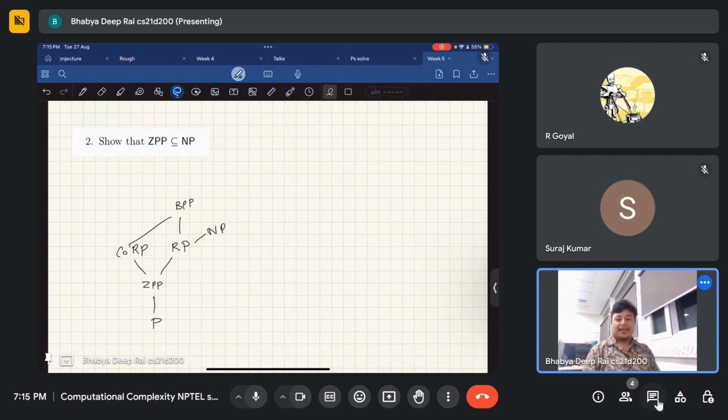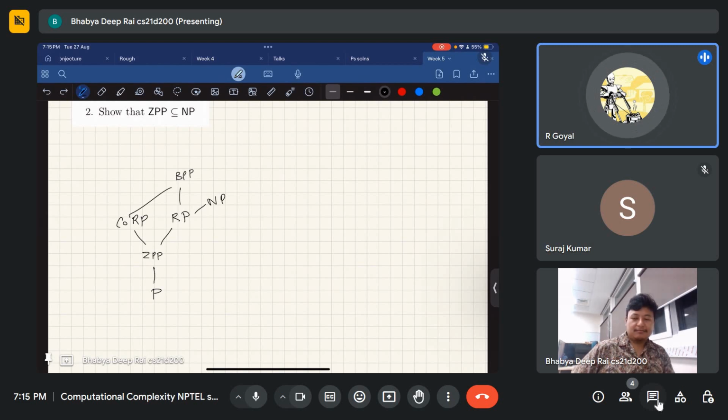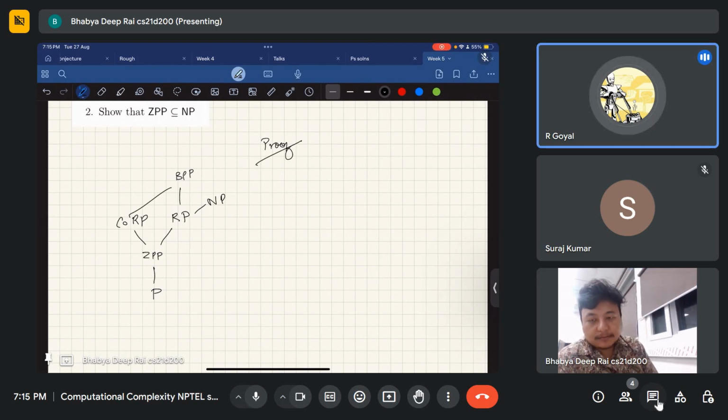So this is the diagram. We now also know that NP contains ZPP. Yes, so ZPP is contained in NP because ZPP is always correct.